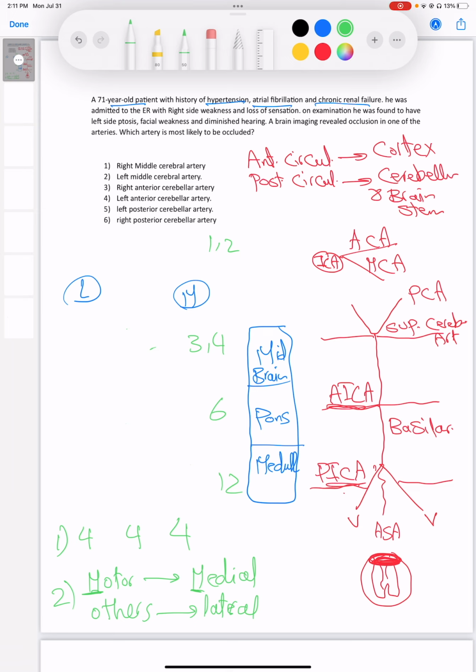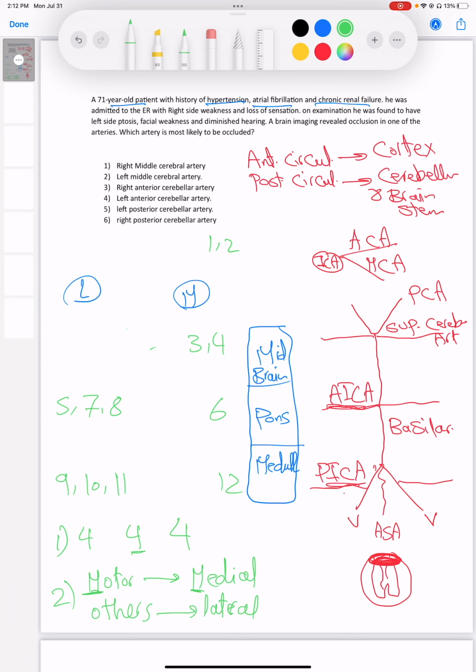So we have here 5, 7, and 8. We have here 9, 10, and 11. Okay? So here we apply the two rules for cranial nerves. 1, 2, 3, 4 are above the pons, 1 and 2 from the cerebral cortex, 3 and 4 from the midbrain.